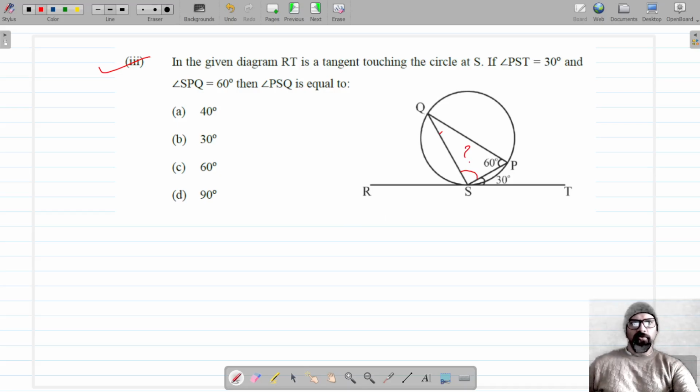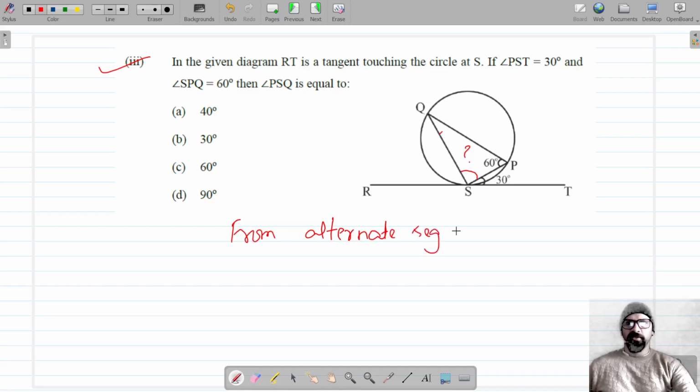Here we can use the alternate segment theorem. The alternate segment theorem says that if there is a tangent drawn to touch the circle at point S and there is a chord, then the angle in the alternate segment, this angle PQS, is equal to angle PST.